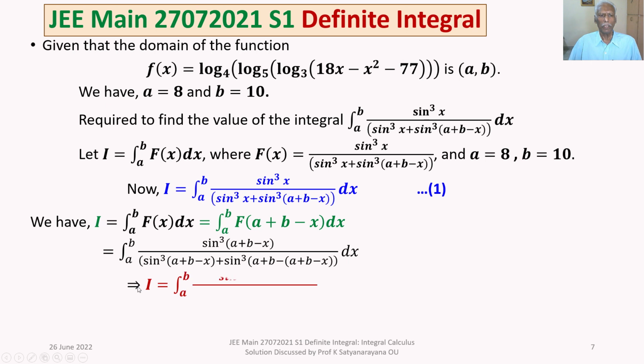So that will be I is equal to integral a to b sine cube of a plus b minus x over sine cube of a plus b minus x plus sine cube of x dx. Now observe that the denominator is same both in equation 1 and equation 2. So we compute the integral I in the next slide.